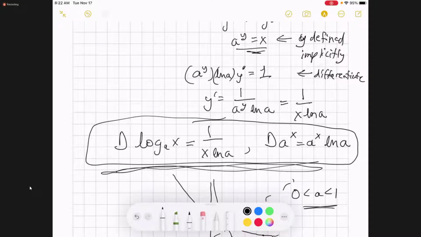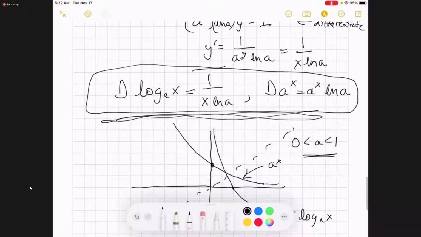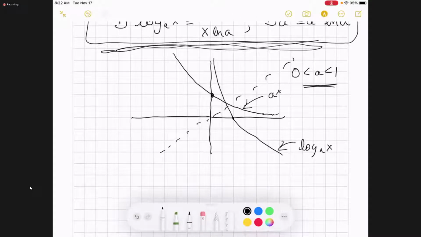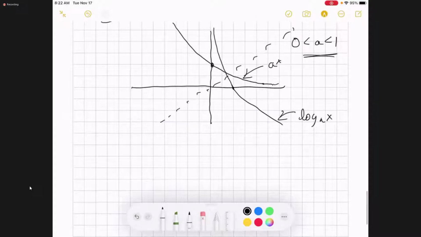And there's another useful thing. There is this rule: log base a of x is equal to ln of x over ln of a.